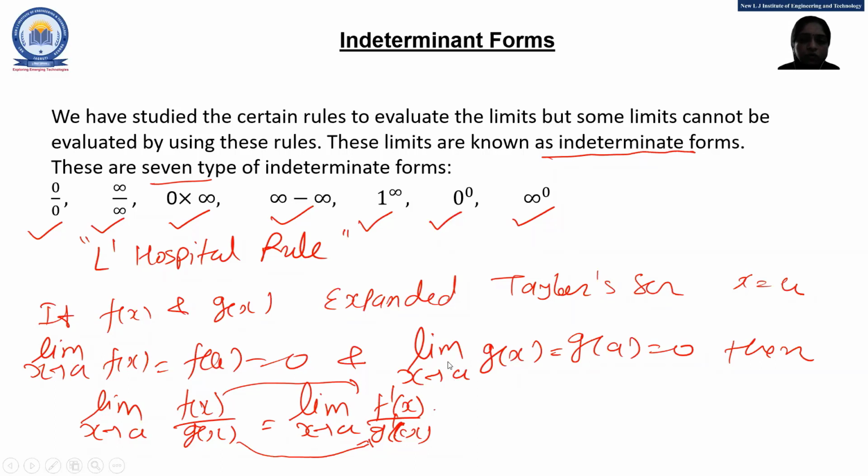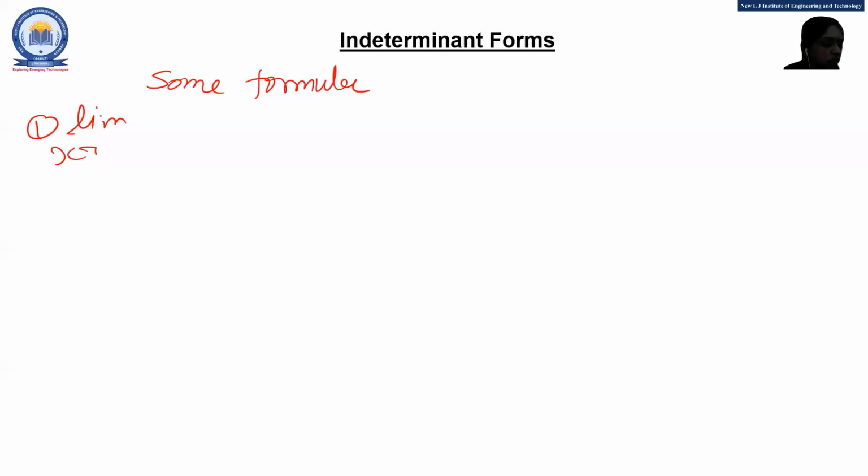Before starting the solution of this type of example, let's take some most important formulas of limits. Number 1, limit x tends to 0 sin x upon x equal to 1.